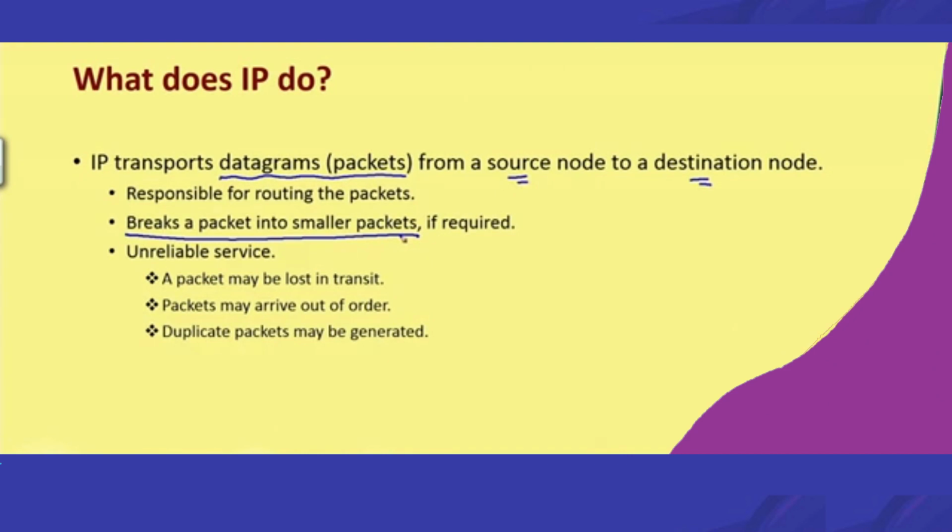Unreliable in the sense that some datagrams might get lost, some duplicates might get generated, and datagrams may be received out of order at the destination. So, if you are using IP, you must be aware of these problems, that some packets may actually get lost.